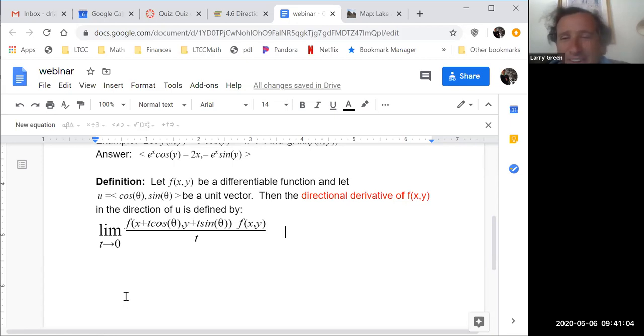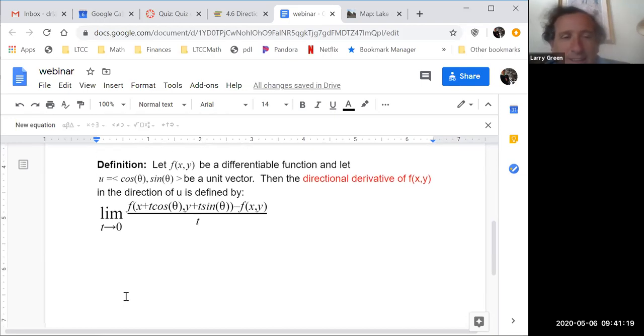If you have data, for example, and not the equation of a function, you usually have to resort to this definition. But if you have a function that's an equation, you don't have to do this. Which means, as you might guess, you have a theorem coming. And that is a theorem that tells us how to find the directional derivative.